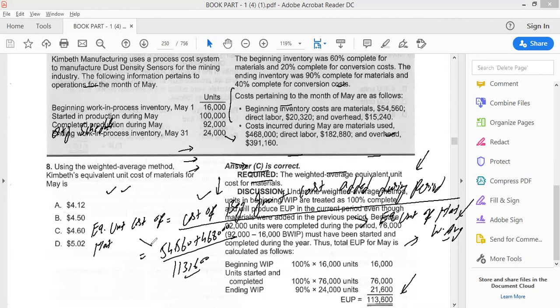So once we did these things, we will get our answer, students, 4.60. Correct? So simply what you need to do, cost of beginning inventory plus cost added during a period dividing by equivalent units of materials by weighted average method, you will have the material cost per unit.